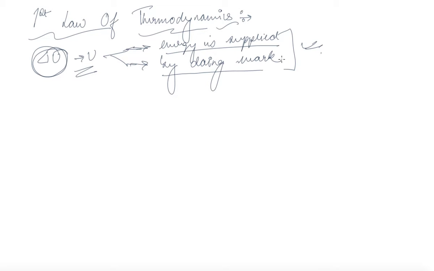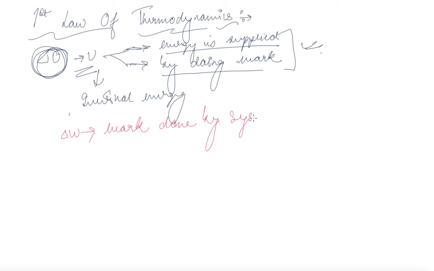Okay. Now let's name some terms. So if this is del U, U is your internal energy. Now after that we have W, that is work done by system on the surrounding.